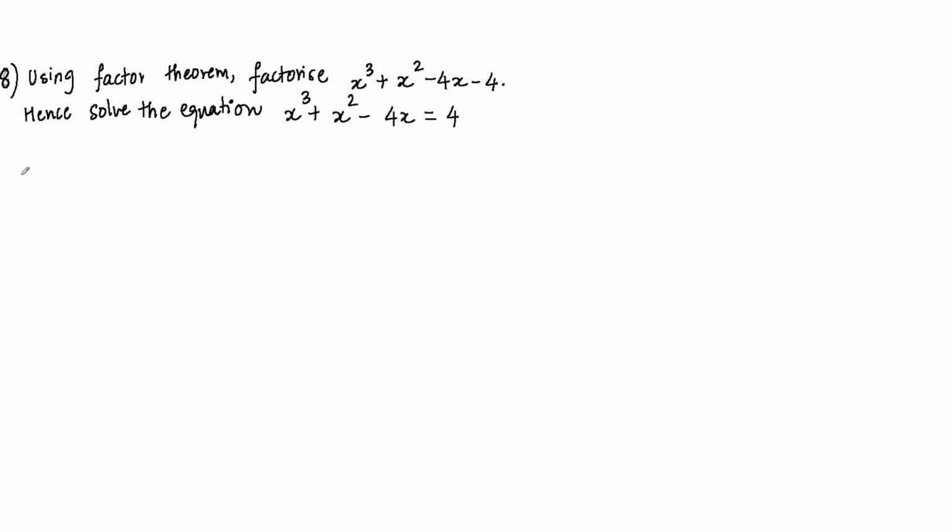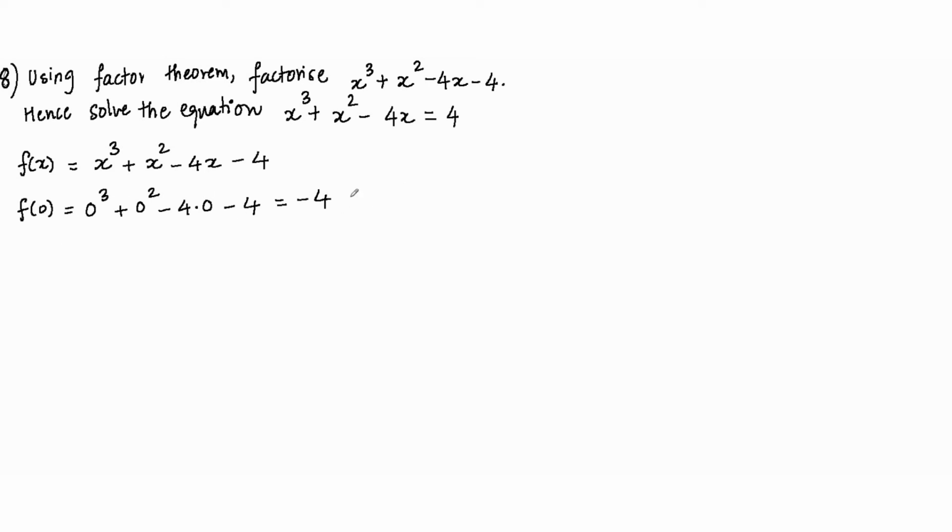Let's consider that f of x equals x cube plus x square minus 4x minus 4. Now I'm going to use the trial and error method. So what I mean by that is, let's find f of 0. So f of 0 is 0 cube plus 0 square minus 4 into 0, minus 4, which is equal to negative 4 by the way, right?